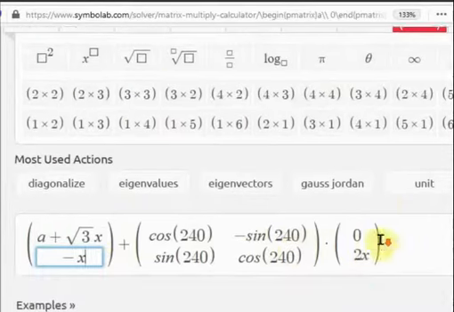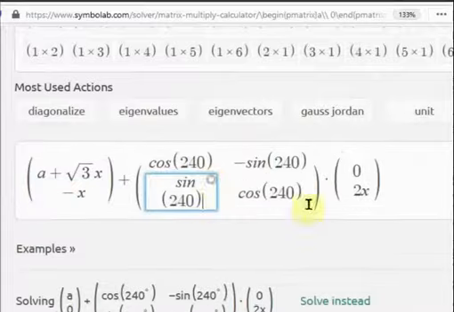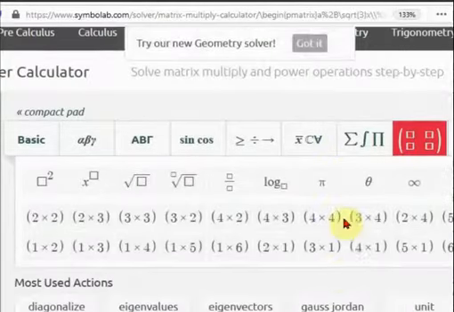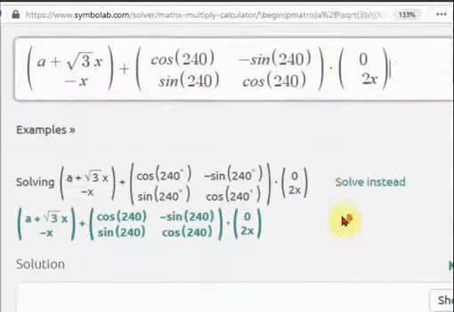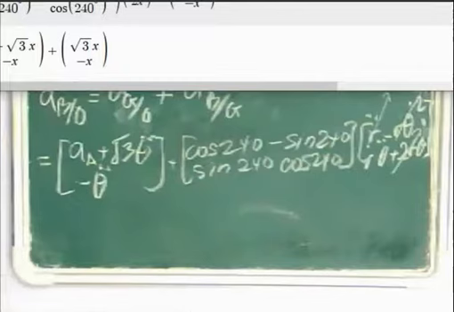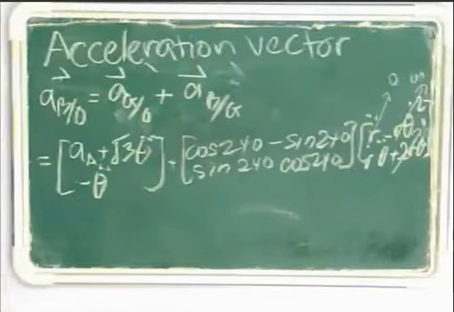So I just compute the values. This is the solution that we get, so we have this matrix multiplication. I'm going to write that in our equation.